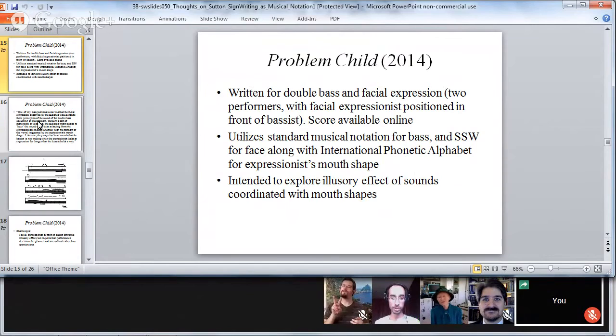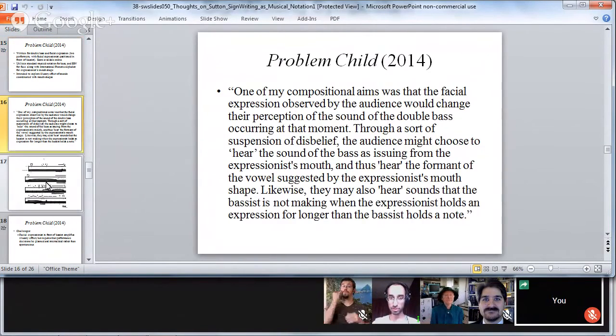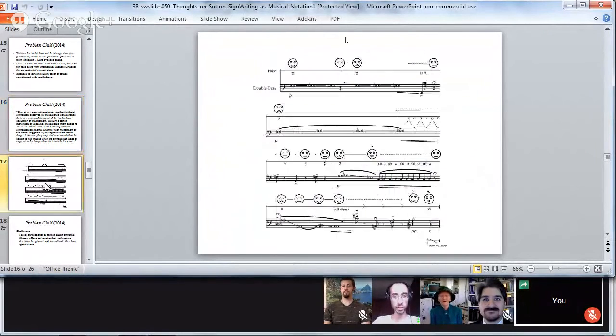Wow. If you go to the next slide, I'll just let people read that, which is a quote from my score. And if you go to the next slide, this is an excerpt from the score so people can see what it looks like.